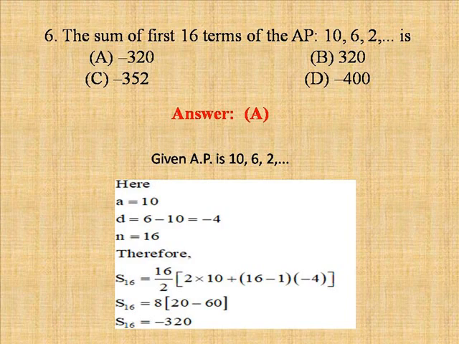So here a is 10, d is 6 minus 10, that is minus 4, and it has given first 16 terms, so n equals 16. Now you have the formula of Sn, n by 2 into 2a plus n minus 1 into d. Now putting the values of a, n and d, you will get the answer is minus 320. So option A is your answer.